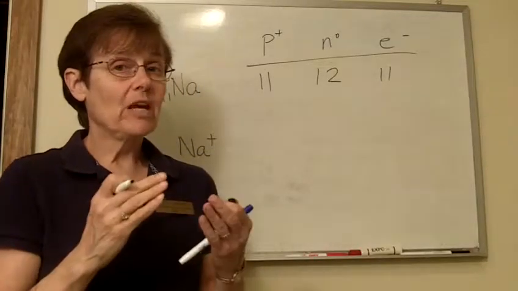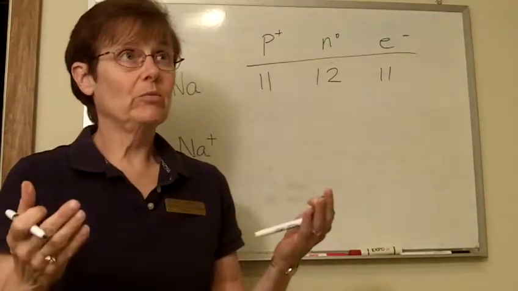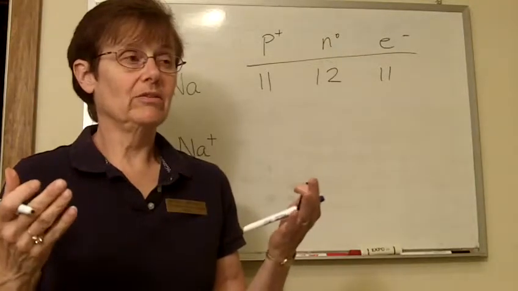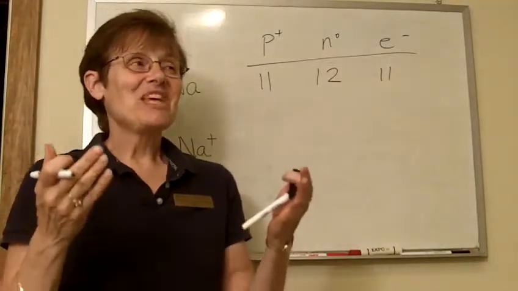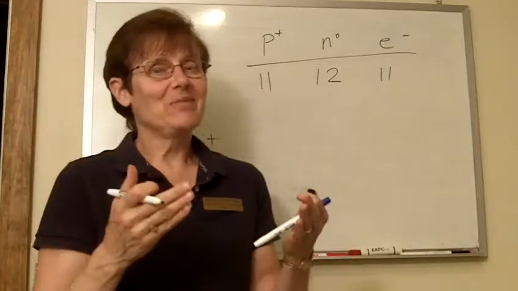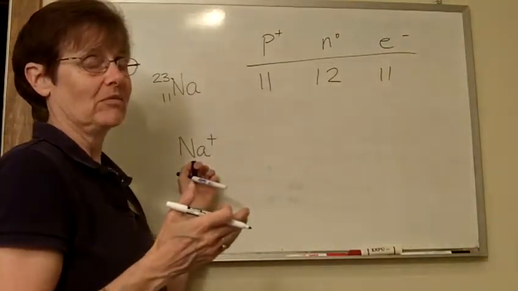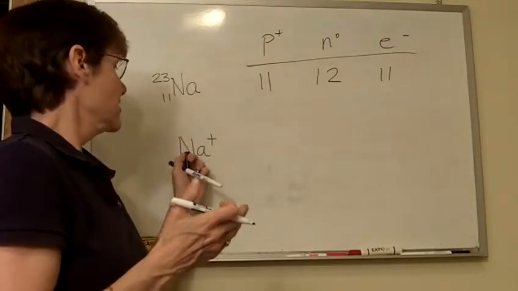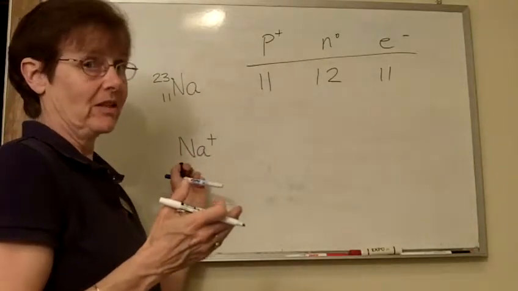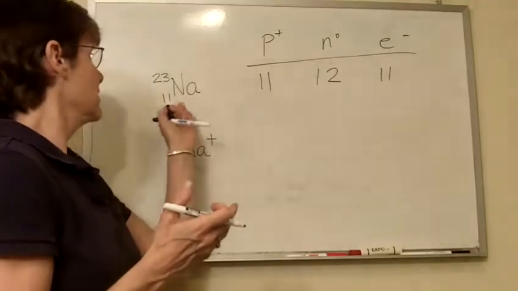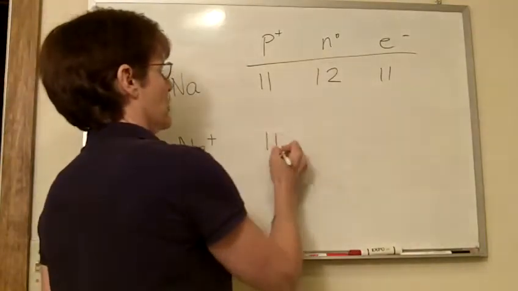If for some reason it was able to gain a proton, well, for one thing, that would be a nuclear reaction, and that would be crazy energetic. But if it was able to gain a proton, it wouldn't be sodium anymore. It would be magnesium. So if the symbol says sodium, we know that we still have the same number of protons as this sodium, so we still have 11 protons.